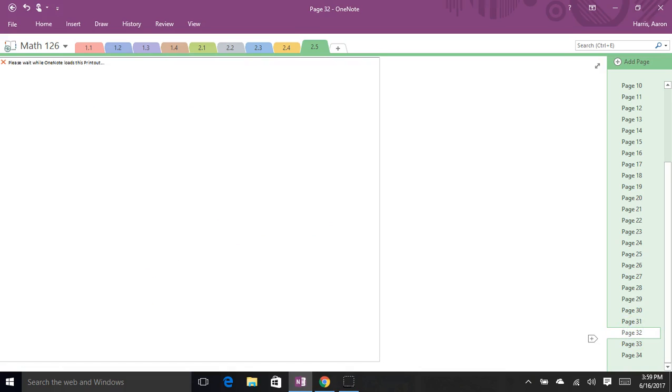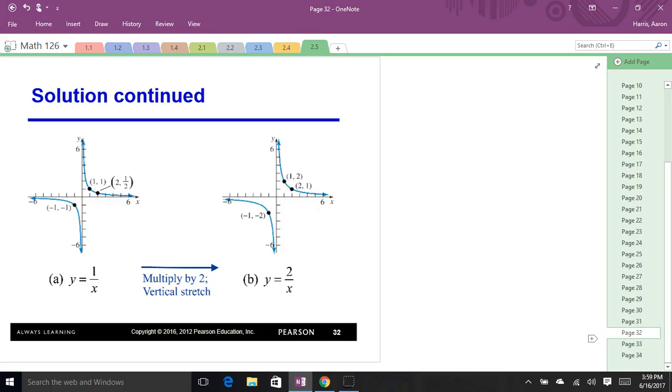And here are the pictures of that. There's your original 1 over x. There's the vertical stretch by a factor of 2, so it stretches it out. Notice the point 1, 1 is now at 1, 2, so it's stretched vertically by a factor of 2.